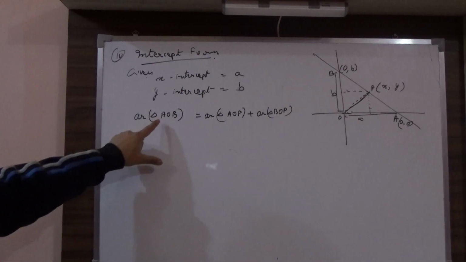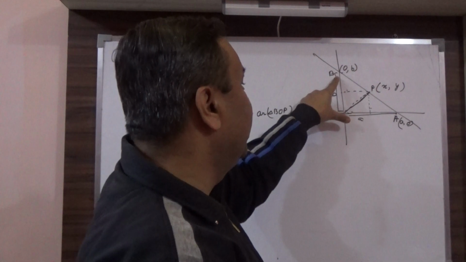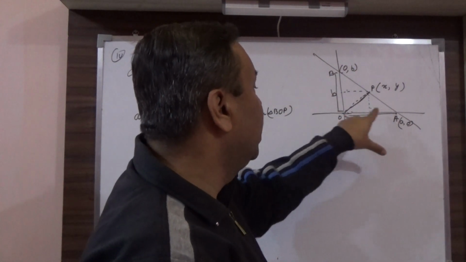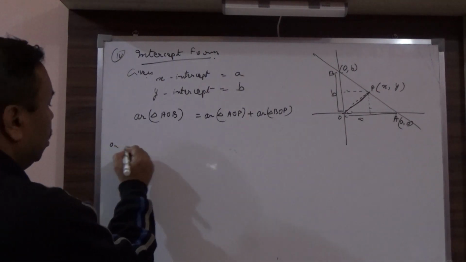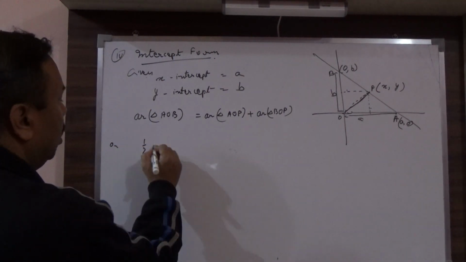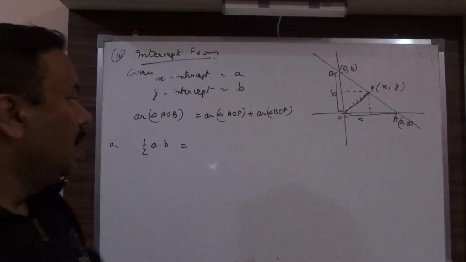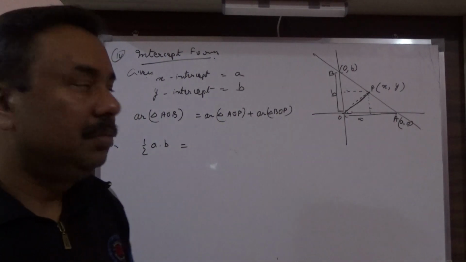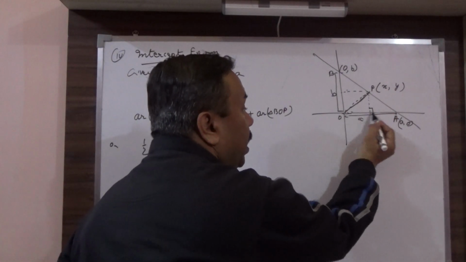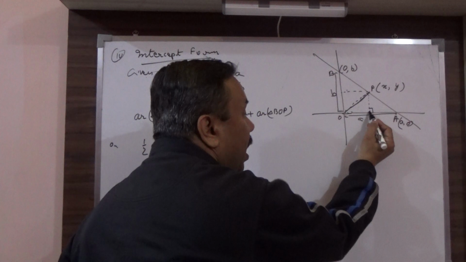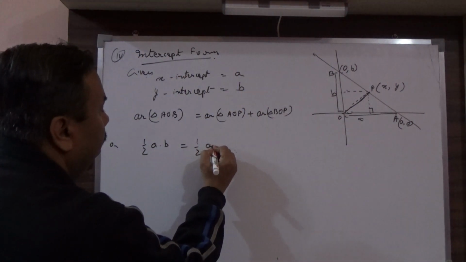So now, what is the area of triangle AOB? It is a right angle triangle, so I can take A as the base and B as the perpendicular. So this will be half of A into B. Now AOP. I have made a perpendicular here, so I will take A as the base and this will be the height.